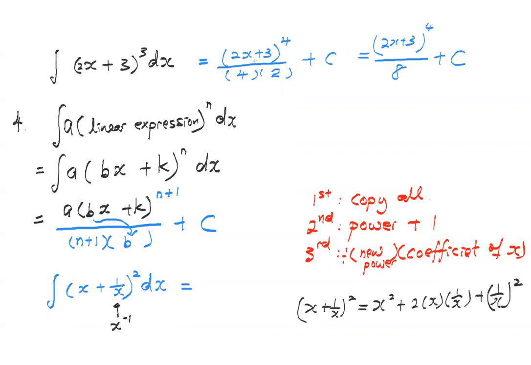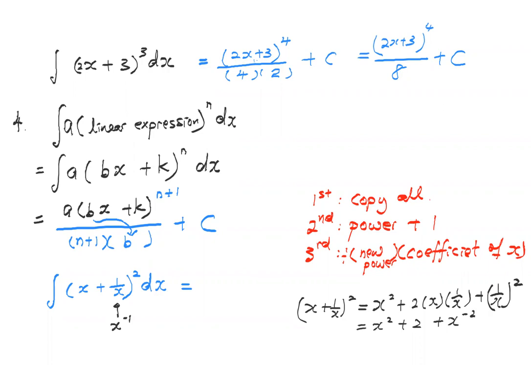The front square plus, if the middle is a plus, you put plus. If the middle is minus, you put minus. Plus 2 times the front times the back plus the back square. So this will be x squared plus 2 plus x to the power of negative 2.